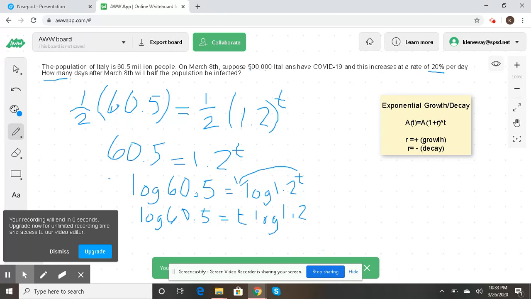All right, so to get t by itself now, we'll just divide by log of 1.2. I can say t is equal to log of 60.5 divided by the logarithm of 1.2. And I'm going to use my calculator now to do the rest.